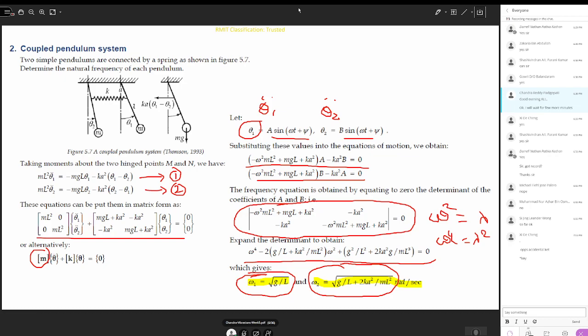All right, so like this, we can apply this type of analysis to solve 2-degree of freedom systems or even higher degree of freedom systems. Guys, I'll pause for a minute. Any questions?